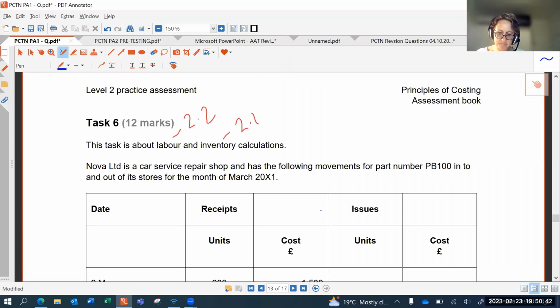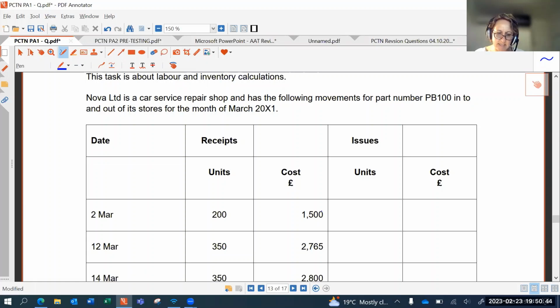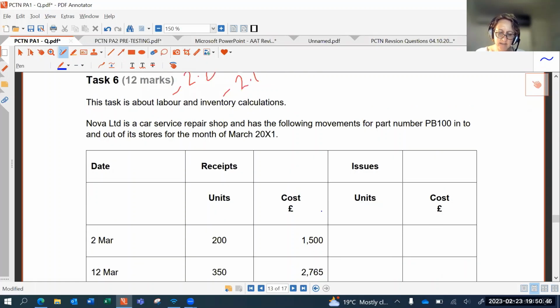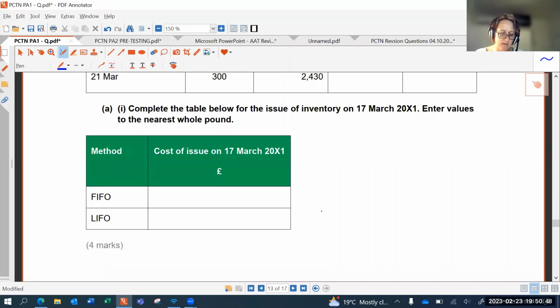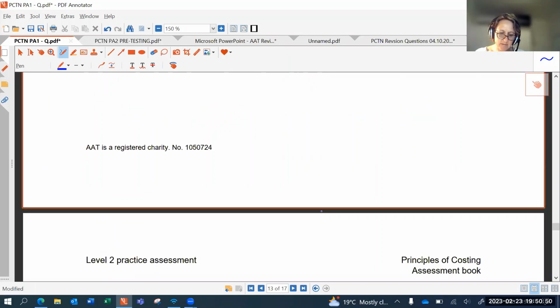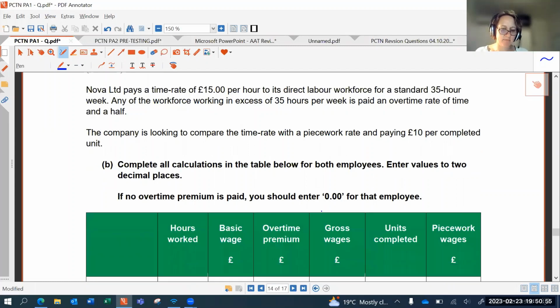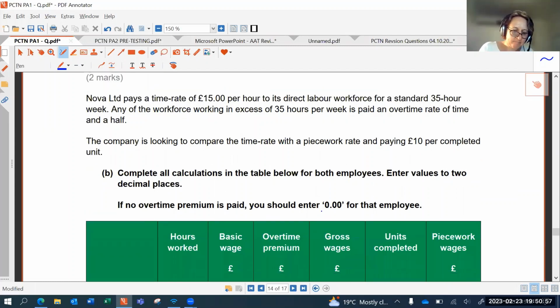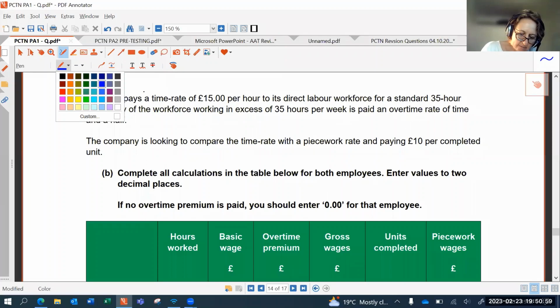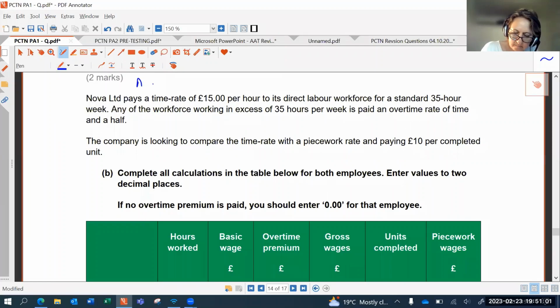There we go. It's task 6, and it's actually task part B. So the first part is about FIFO and LIFO, as you can see. And it's here, part B. So starting from here, I'll label it up for you. AAT assessment 1. Task 6, it's part B.